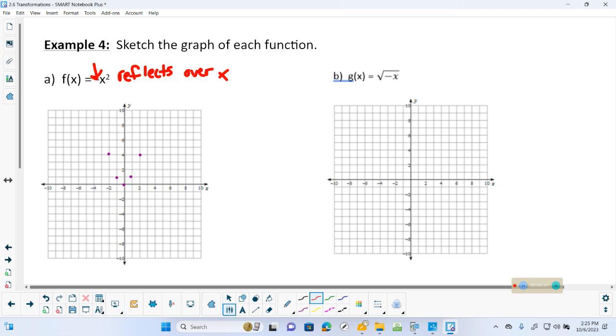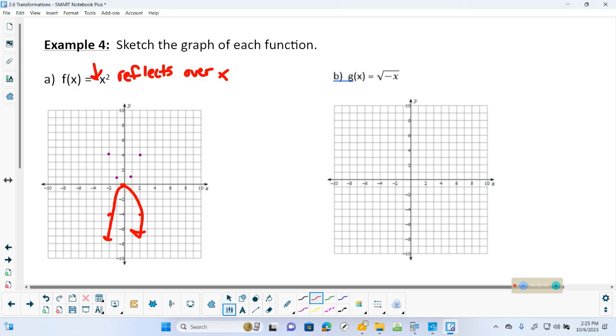So I'm going to plot negative 2, negative 4. Negative 1, 1, you're 1 unit above, 1 unit below. 0, 0 is on the x-axis, so it stays on the x-axis. 1, 1 is 1 above, so I go 1 below. 2, 4, you're 4 units above the x, now you're 4 units below.